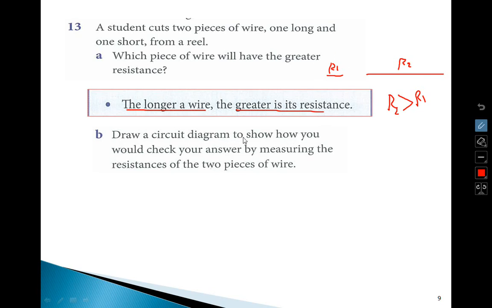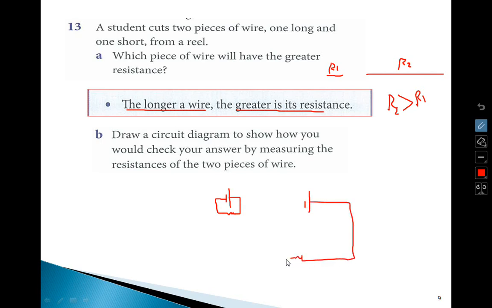Section B: draw a circuit diagram to show how you would check your answer by measuring the resistance of the two pieces of wire. It's easy. Put the circuit with the short wire, and then the same circuit with the longer one.